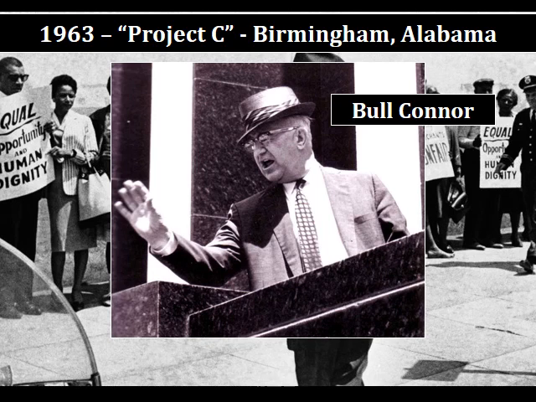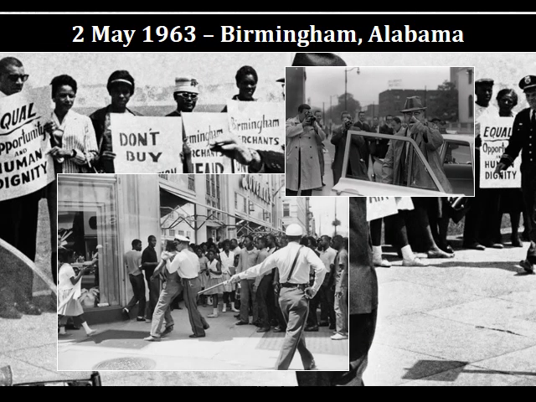And one of the key features that they use in Project C is a lot of children. They specifically bring in a lot of young kids to be part of this because they're trying to make that emotional punch. They're trying to get that image out there in the media. So on the 2nd of May, 1963, there's a march in Birmingham.